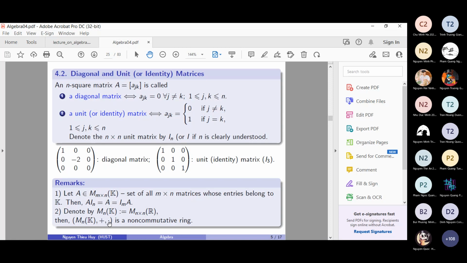So matrix multiplication is now a binary operation on M_n(K), right? Now we can check that M_n(K) with addition and multiplication is a ring, but of course it's non-commutative, because multiplication is generally non-commutative.